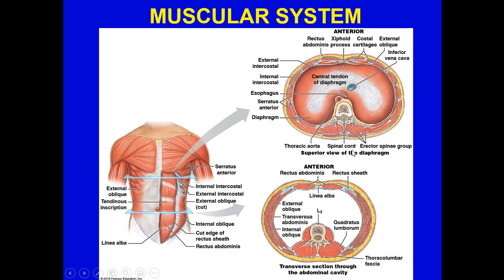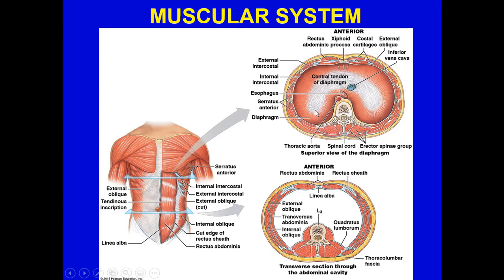Notice that you would have the erector spinae group right through here. And here is the external oblique. You have some costal cartilages here because this is at basically the border between the abdomen and the thoracic region. So you have the xiphoid process here, and you have the rectus abdominis here and here, okay?